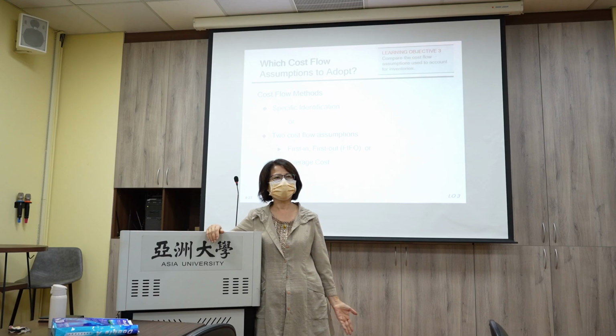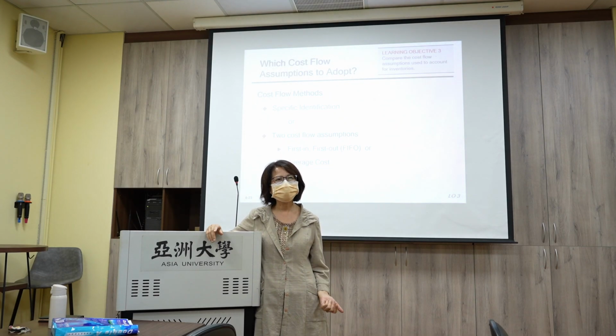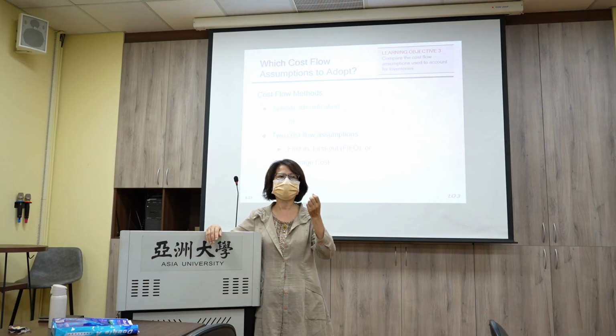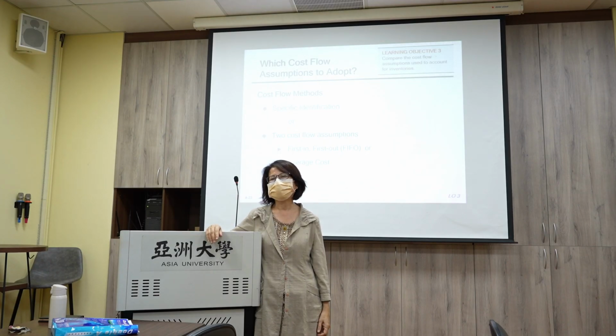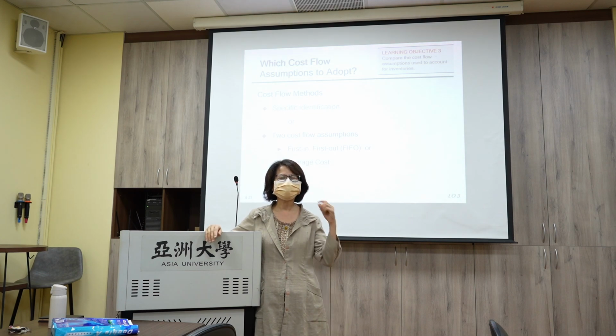You need to have a cost assumption to decide how much is in the ending inventory and how much goes to cost of goods sold. In the case that we talk about, if you apply first in, first out, FIFO, then the ending inventory will be 50. And the cost of goods sold will be, how much is that?